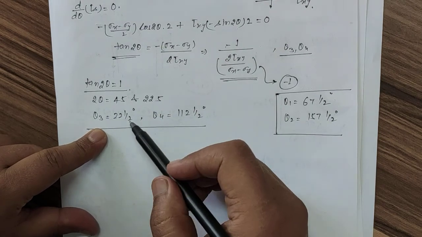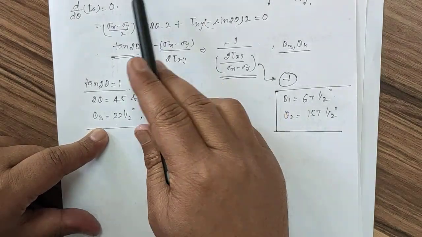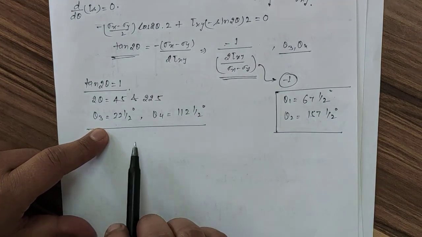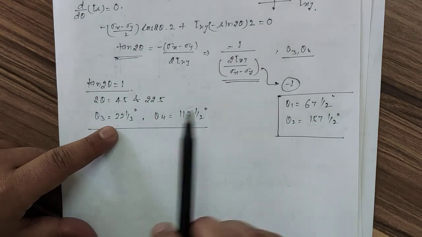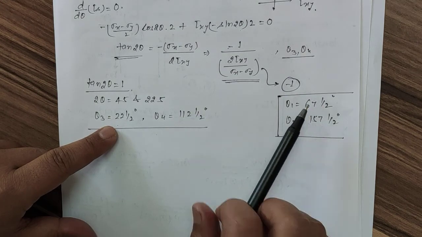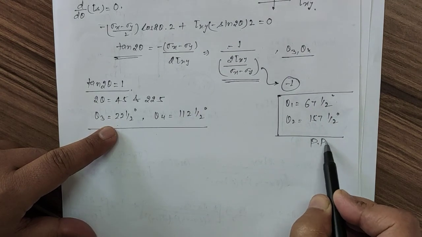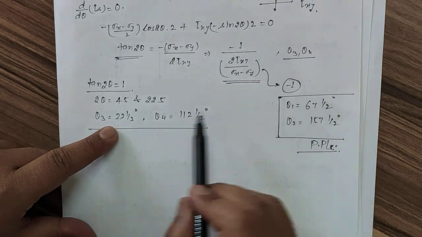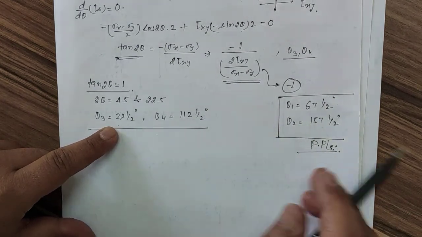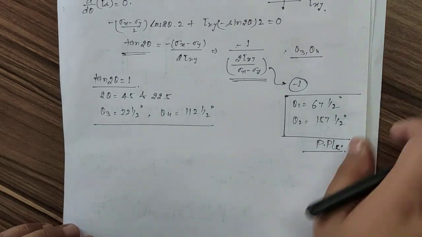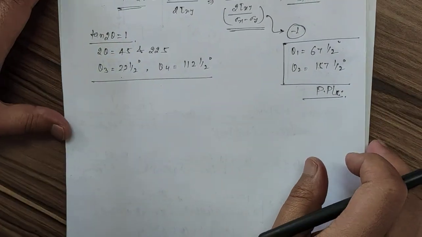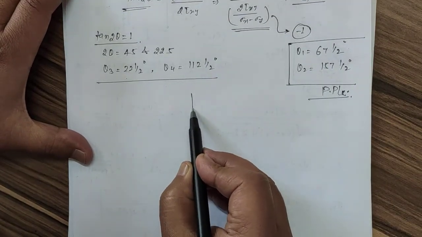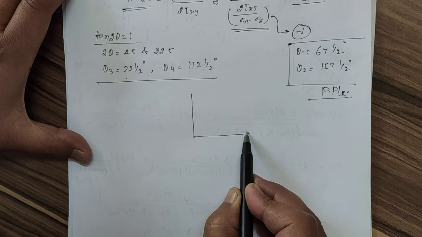So we can say that the maximum and minimum shear stress planes are perpendicular to each other, and between each principal plane and shear plane we are having a 45-degree angle. Let's say this is the general case I am drawing.